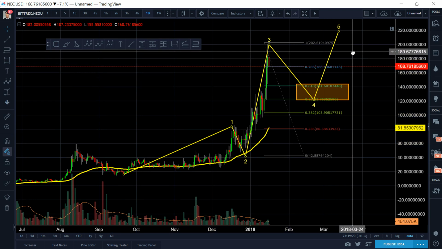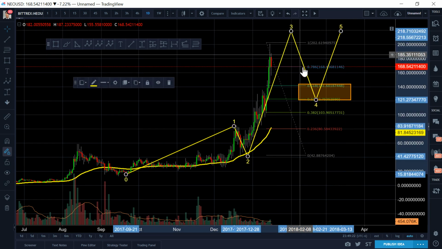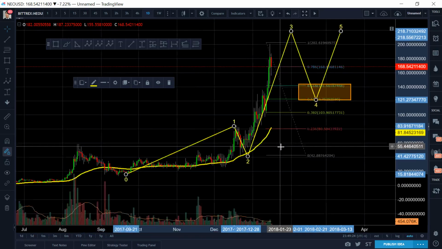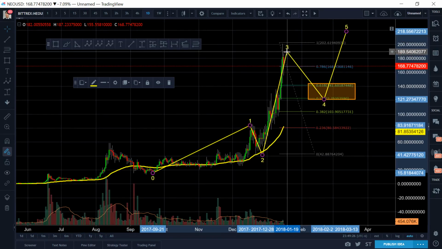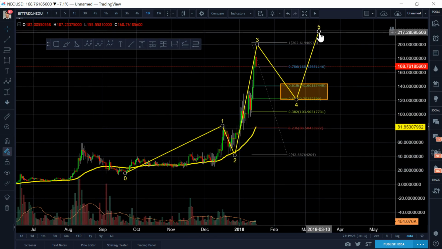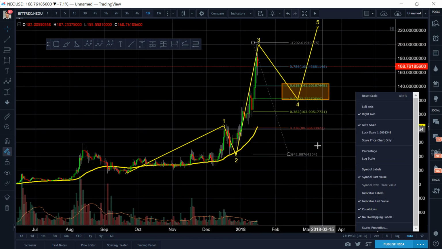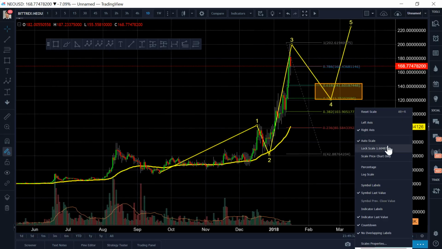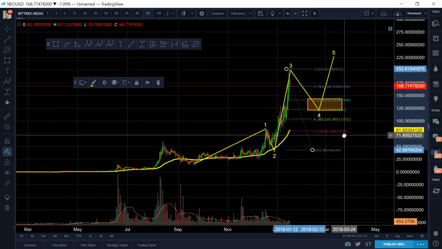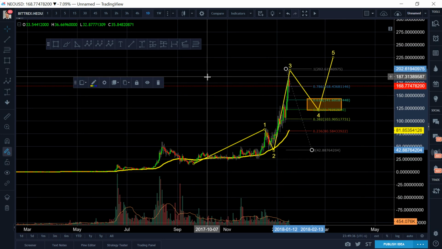And then it makes a fifth wave, because this one hasn't even formed yet. Or sorry, this is the third wave, and then it makes a fifth wave up there still. So if this were to hold true, guys, and this is the wave count, we will know what the wave count is in the next few hours to days, okay? And then we will be able to make some really good projections.